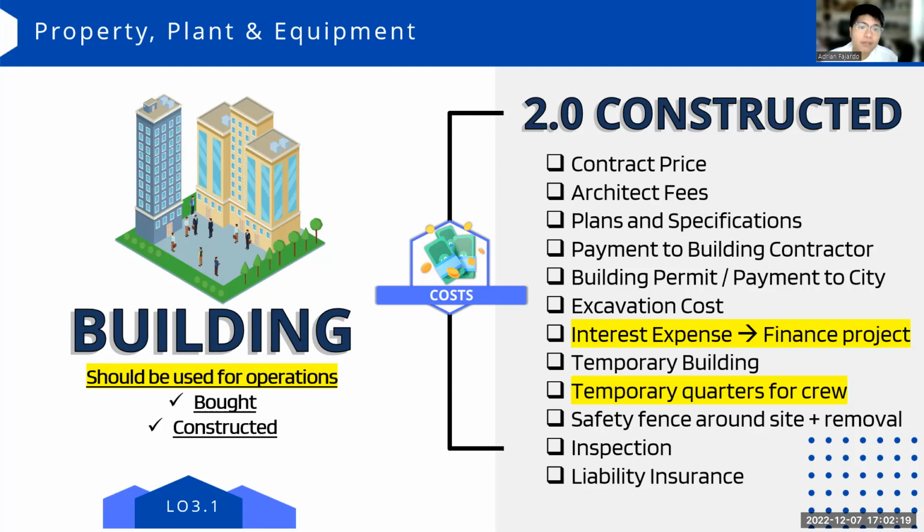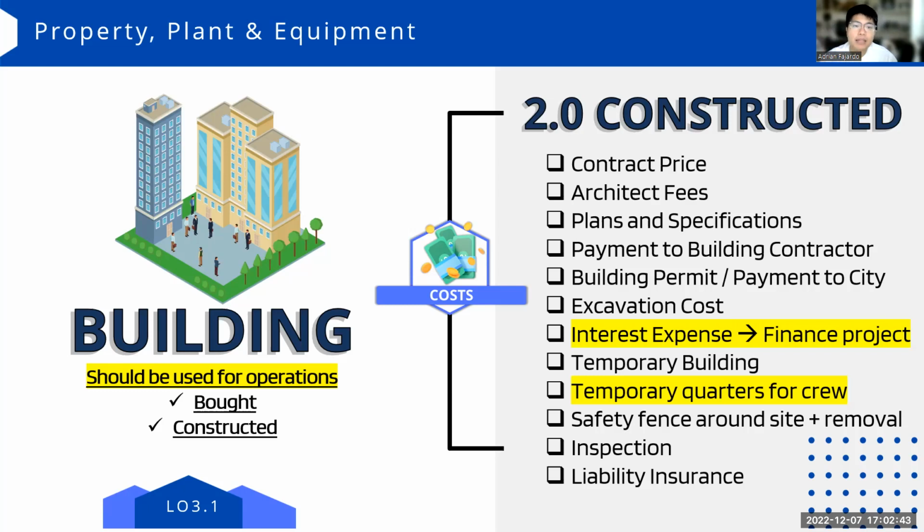What else? Land improvements, we said, are fencing and light posts, right? But if it's a safety fence around the site, or the removal of it, that's building, because the fence was primarily a temporary fence for the construction. So be careful: a safety fence around the site is building, not land improvement.